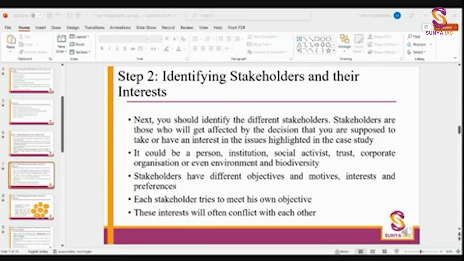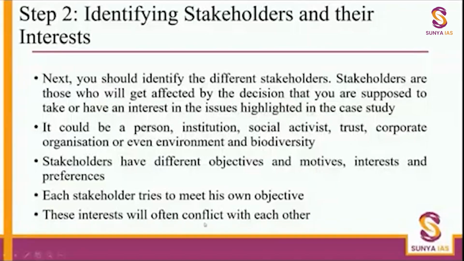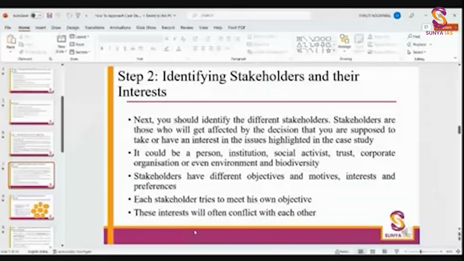So, if you are a corporate organization, you have a profit motive, and you cannot say that profit is a wrong motive, right? Because everyone wants to earn a reasonable amount of profit. But greed for excessive profits at the cost of exploiting their employees, exploiting the society, exploiting the environment, that is something which is incorrect.